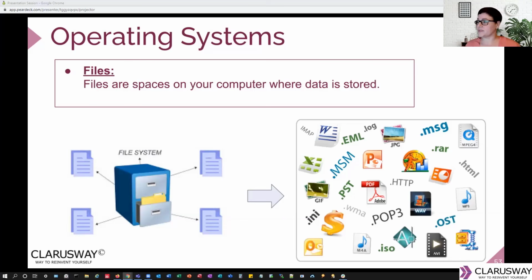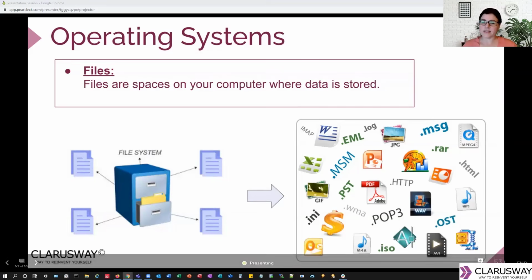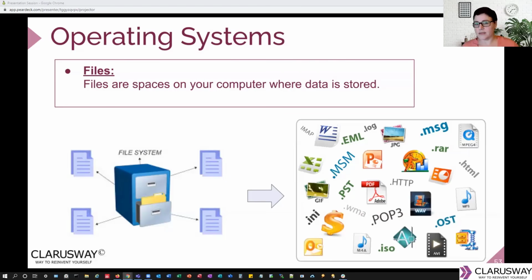Different file types. We have different extensions for different file types. So in the image, you can see that we've got MSG extensions on files. We've got OST, ISO, INIs. These are all extensions you find on files, along with other common extensions like .doc, .xls, different common business solutions.